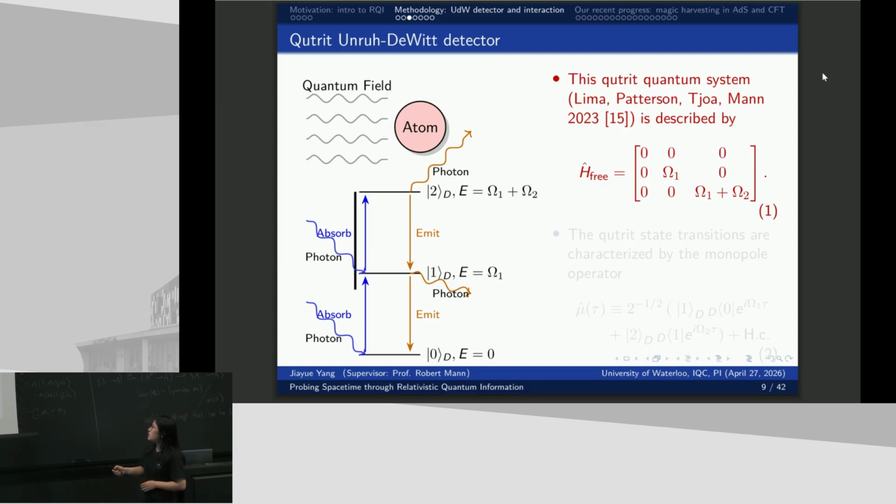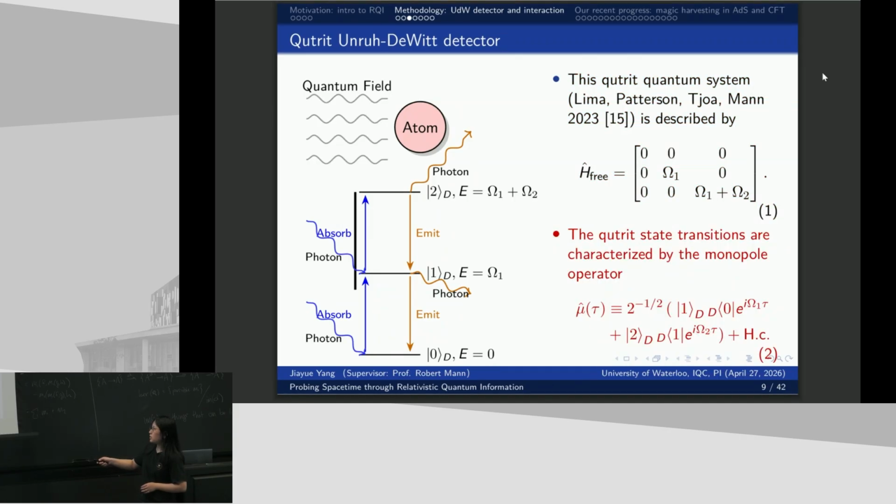The state transitions between those states can be characterized by this monopole operator. This part describes the transition between ket 0 and ket 1, and this part describes the transition between ket 1 and ket 2. They are all determined by the energy gaps, omega 1 and omega 2.